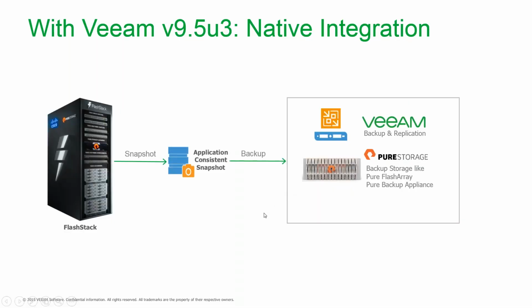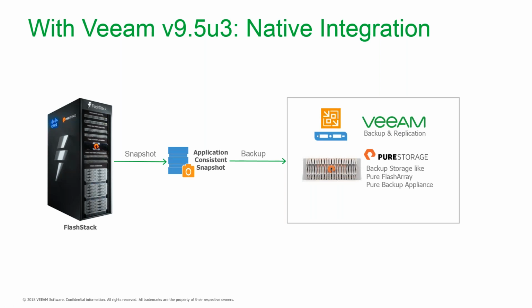We do this by leveraging our relationship with our storage partners like Pure Storage, being able to directly tie in to the FlashArray and being able to create snapshots. We can retain those snapshots, and we can even perform backups directly off of those snapshots. But it's not just the snapshot capability alone.